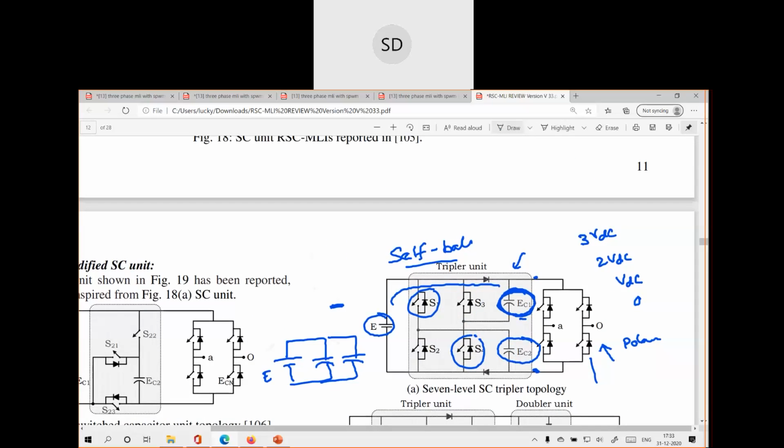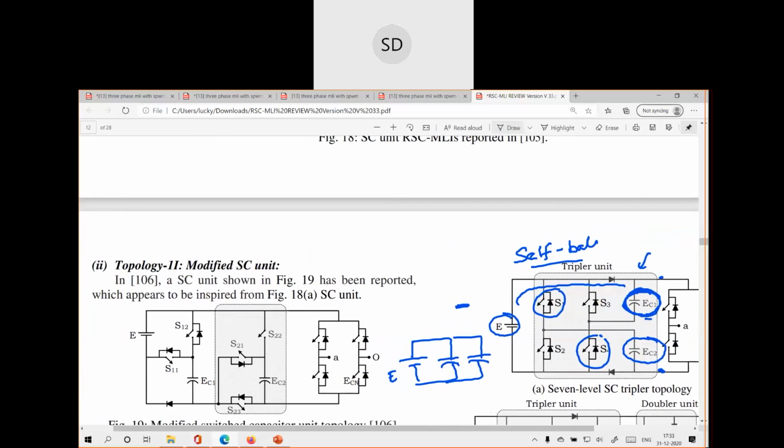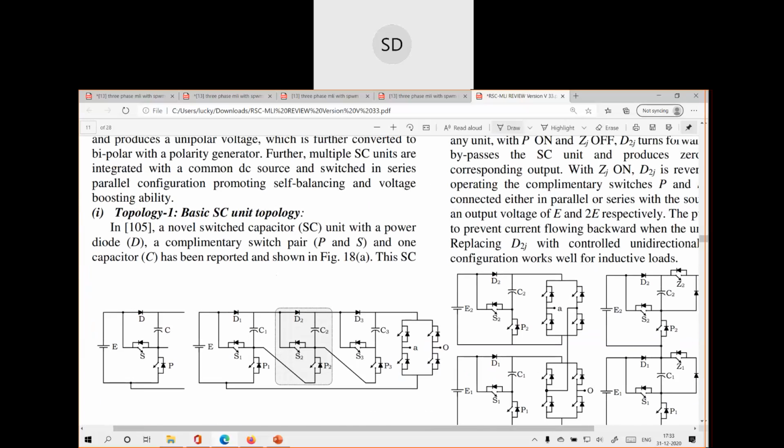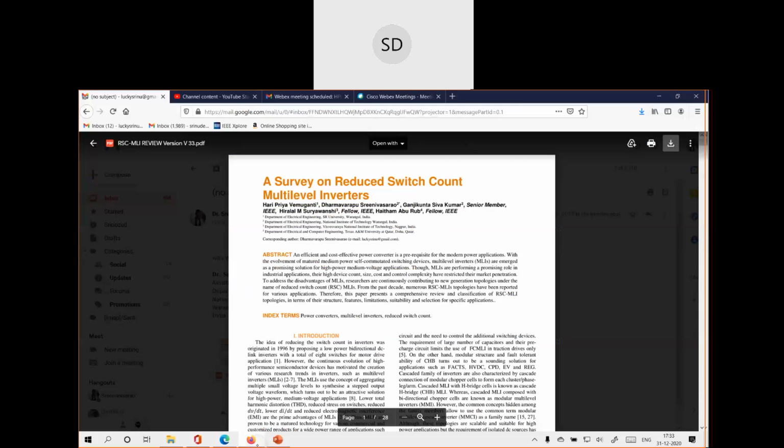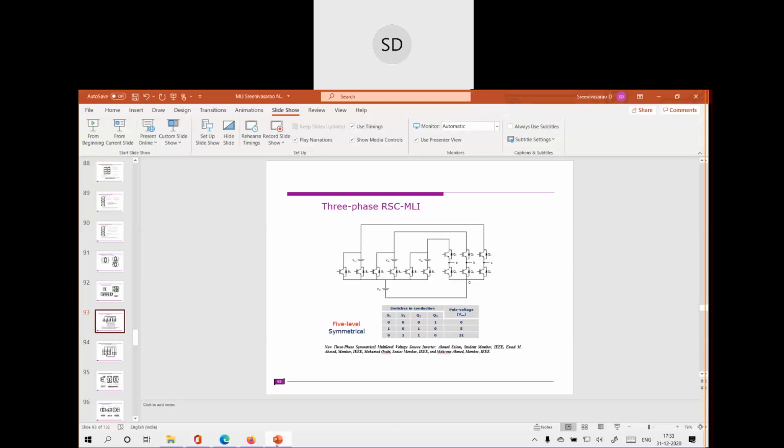There are other units as well, but they are not worth mentioning. So this is about this entire thing. Sir, there are too many topologies. How are we going to remember all of those? You need not remember all those things, and no need to draw the topologies.